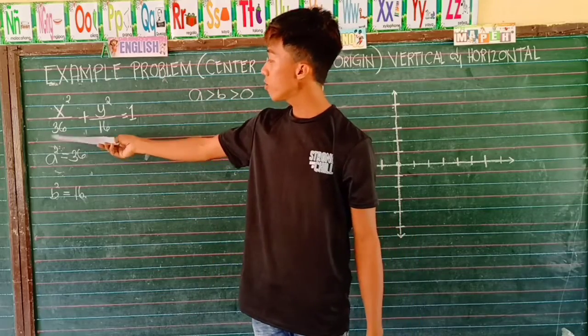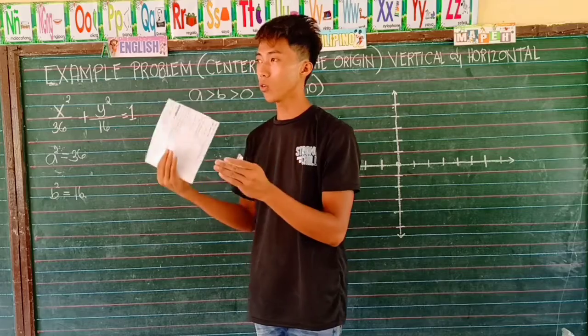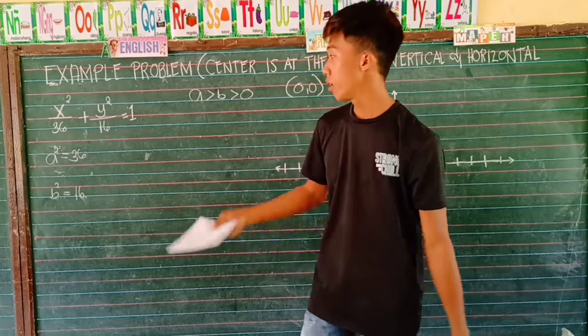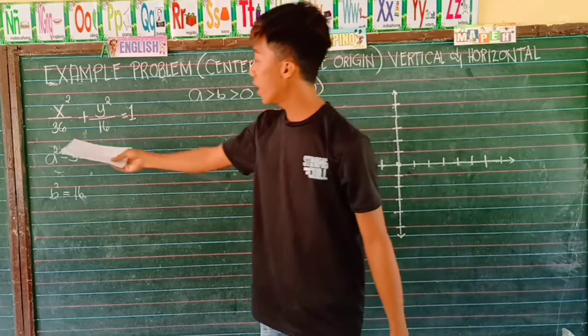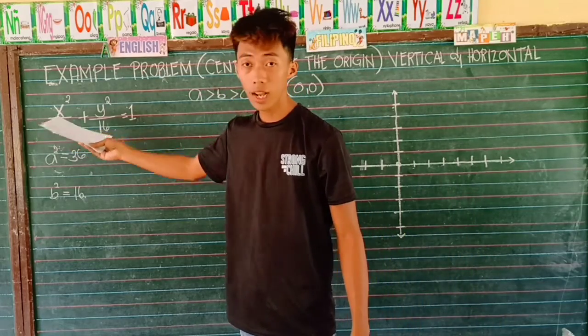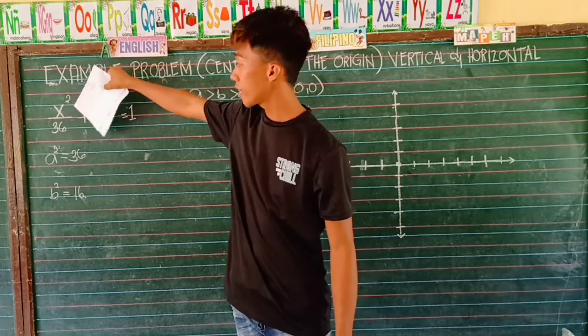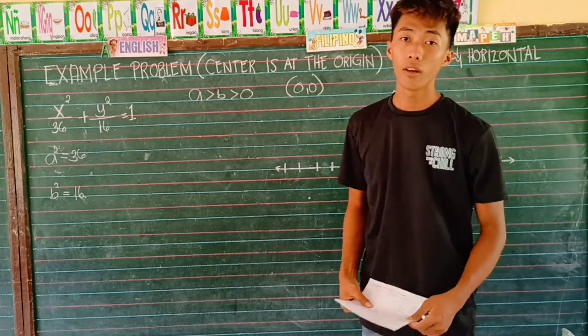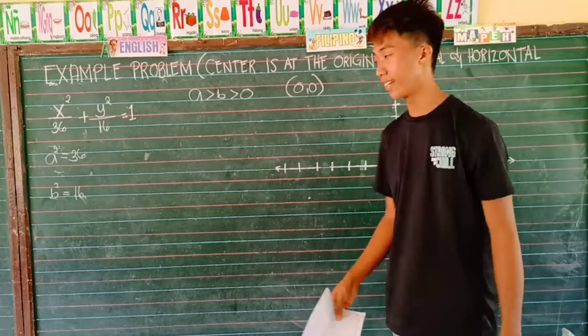Now we can see from our equation what the form of our ellipse is, whether it is vertical or horizontal. Since our a, or the highest value, which is 36, is under our x squared, it means our ellipse has a horizontal axis.